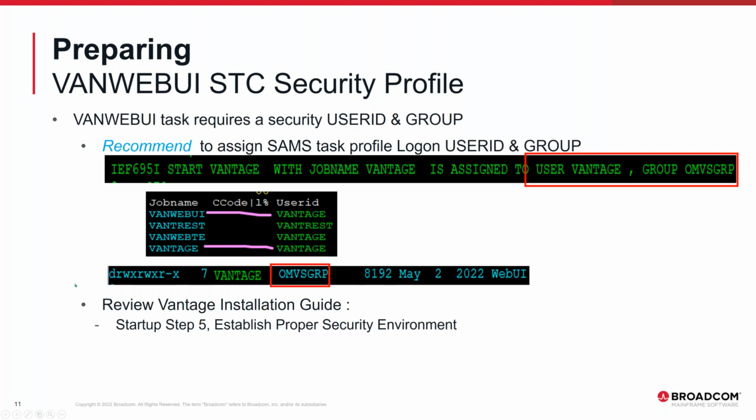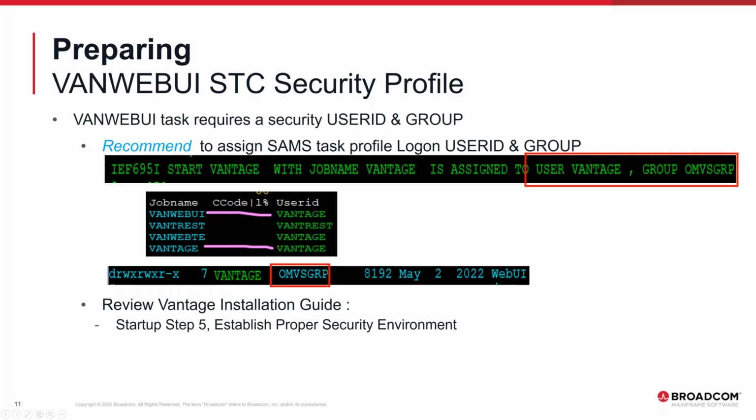And then so when you're in OMVS, in the third screenshot, the directory shows that my directory here is called Vantage, but the group is OMVS group. So that's one way you can see if you're in the right group. Oh, I'm sorry, I made a mistake.